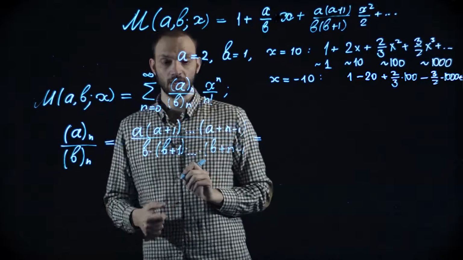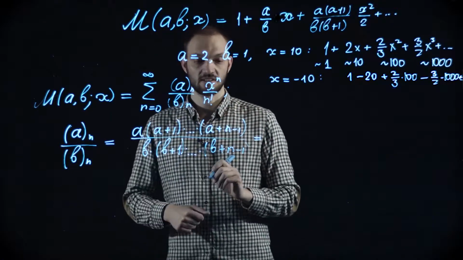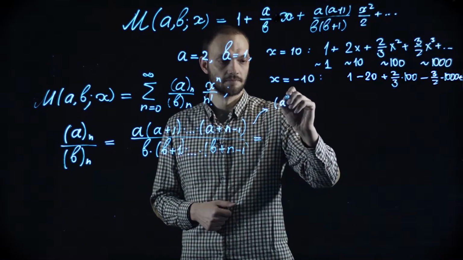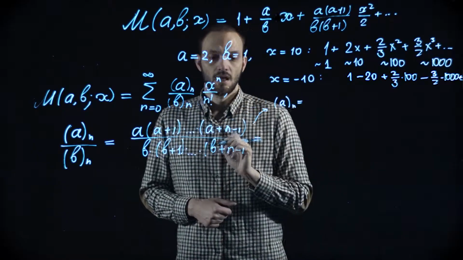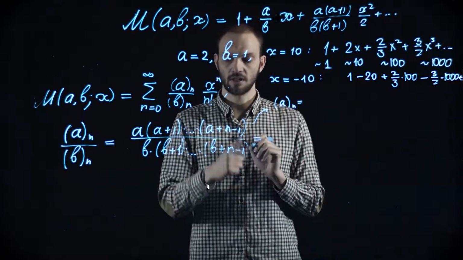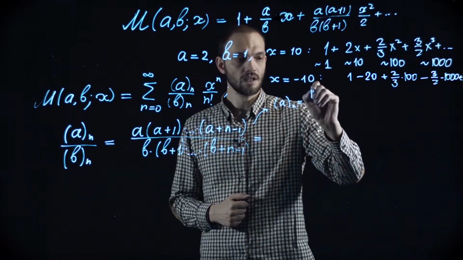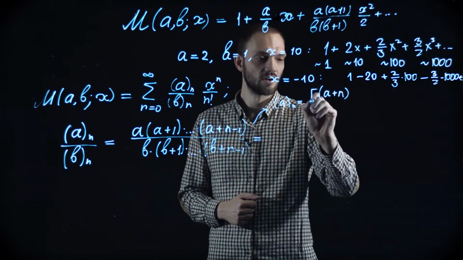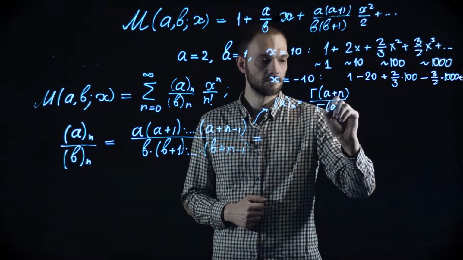And a convenient way to represent each of these factors is the following one. So let us, for example, concentrate on (a)_n. If you inspect closely this product, you will immediately find out that it is nothing but a ratio of two gamma functions.